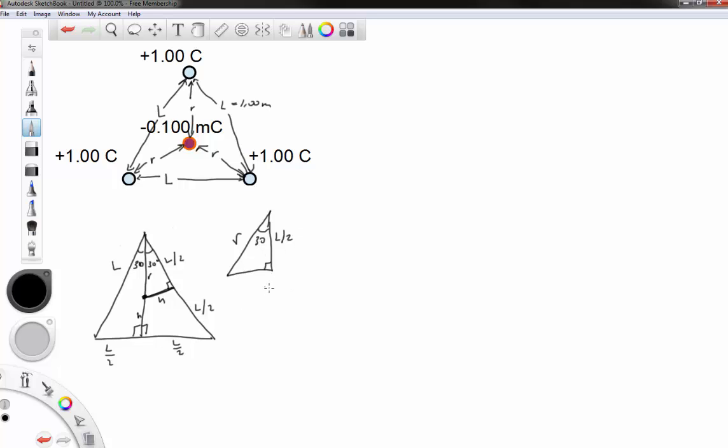And so basically cosine of 30 degrees should be adjacent over hypotenuse. So that's L over 2 divided by r.